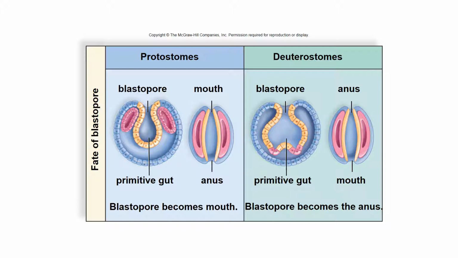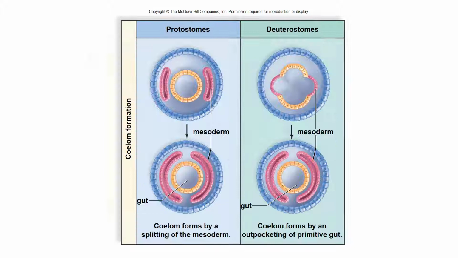Basically, in protostomes, the mouth forms first, whereas in deuterostomes, the anus is going to form first. So protostome just means mouth first, basically. Please keep that in mind.